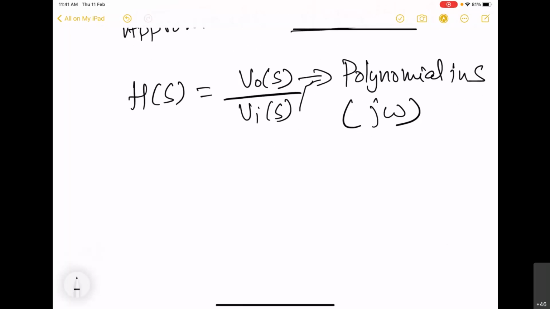Now we will take a very simple example and try to see what the Bode plot is for that. Suppose H(s) is simply equal to s.